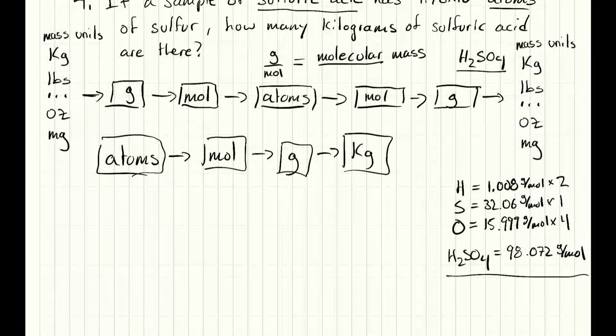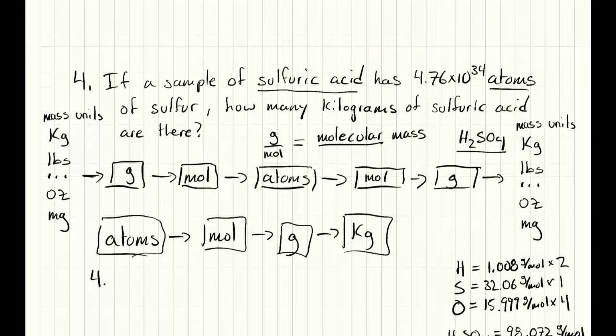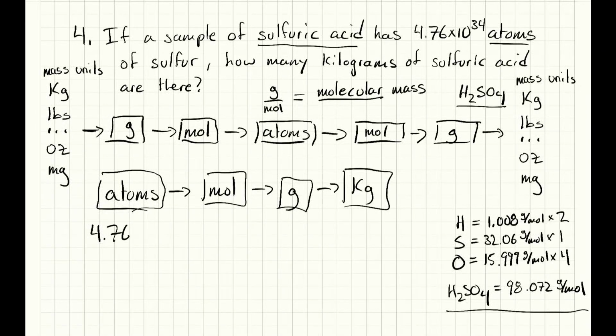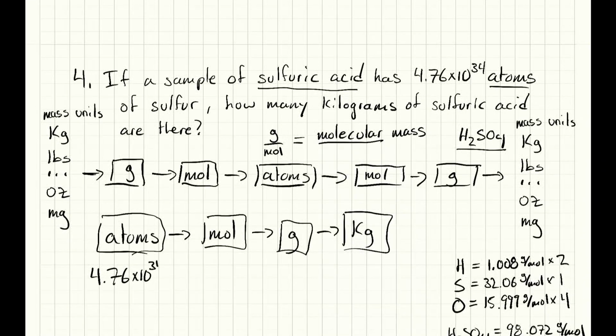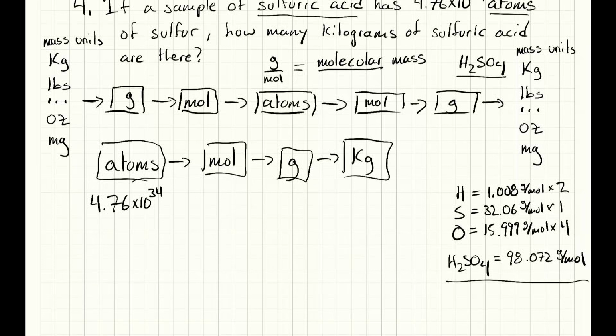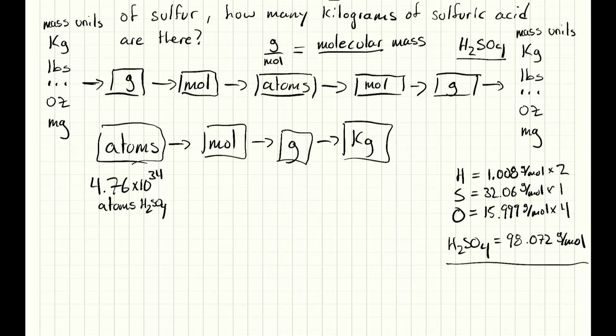So it's going to be 4.76 times 10 to the 34. I'm going to write the units underneath it. Atoms of H2SO4. And so we want to go from atoms to moles.